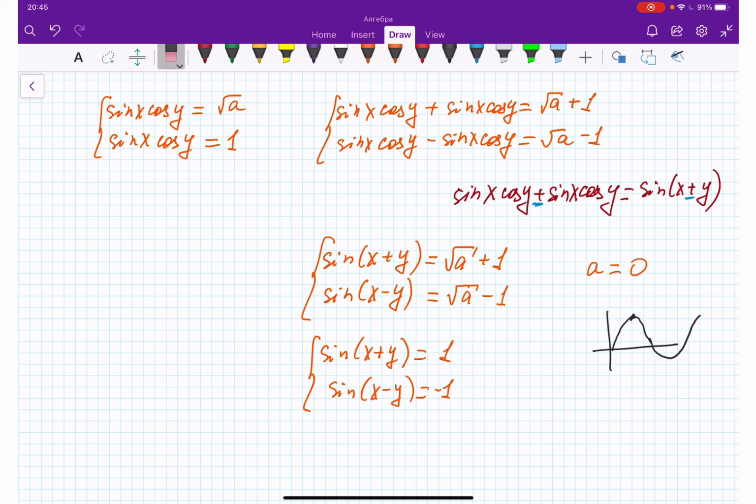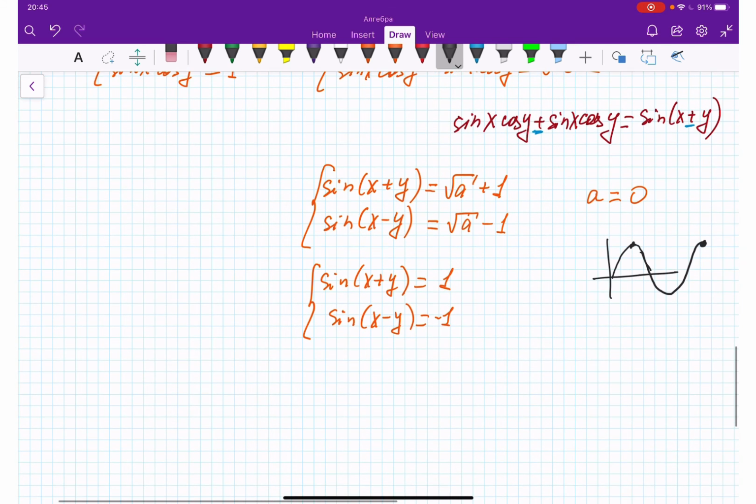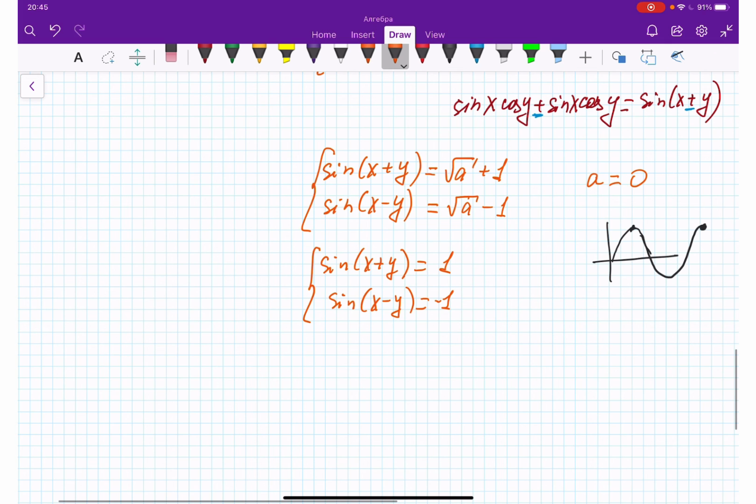Yes? And then plus again 2 pi. Therefore, we are going to get x plus y equal pi over 2. This is here our pi over 2 for sine, right? And plus 2 pi n, because it's going to repeat every 2 pi n times, right?